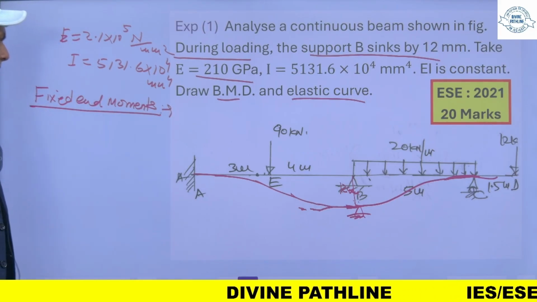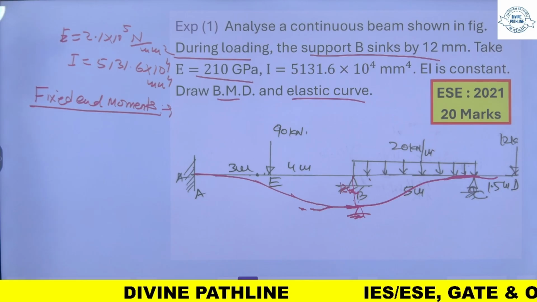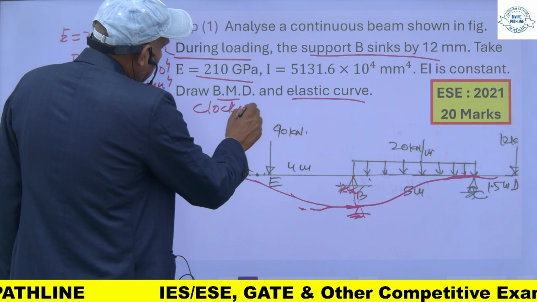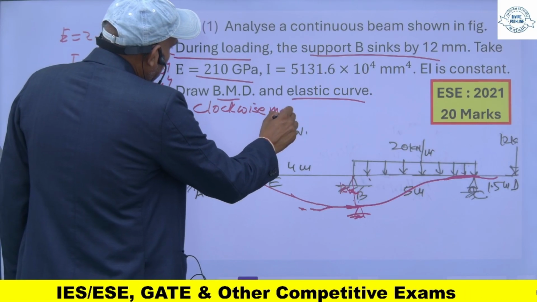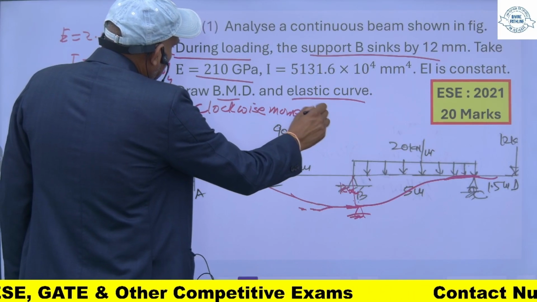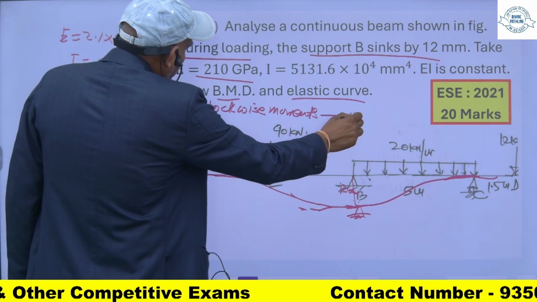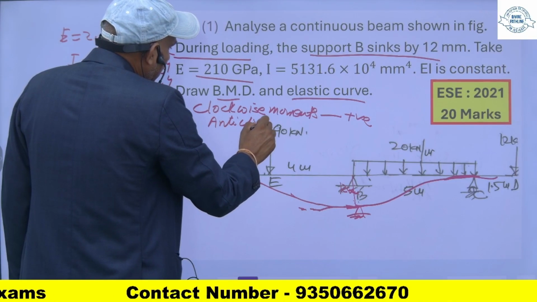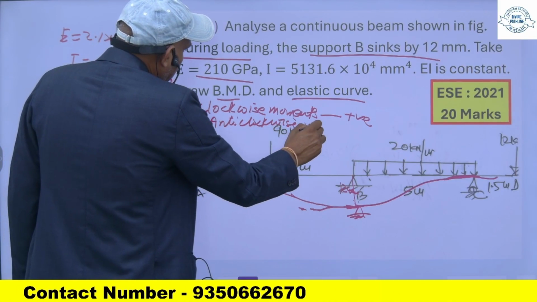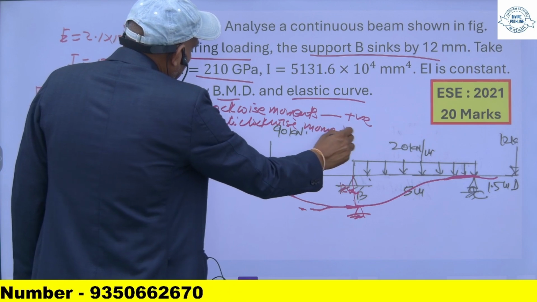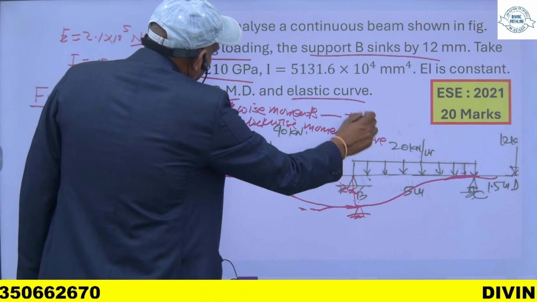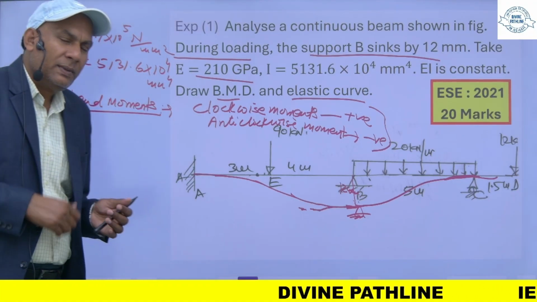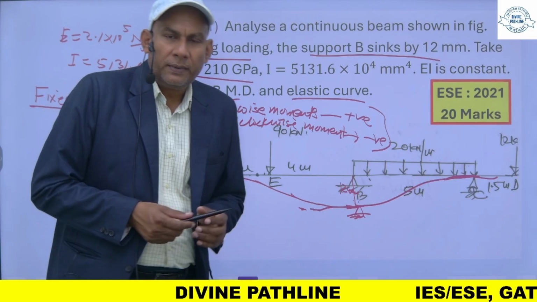In this fixed end moment, our sign convention will be clockwise moment is positive and anti-clockwise moment negative. This is the sign convention which we will follow in this chapter, moment distribution, as well as in the coming chapter of slope and deflection methods.